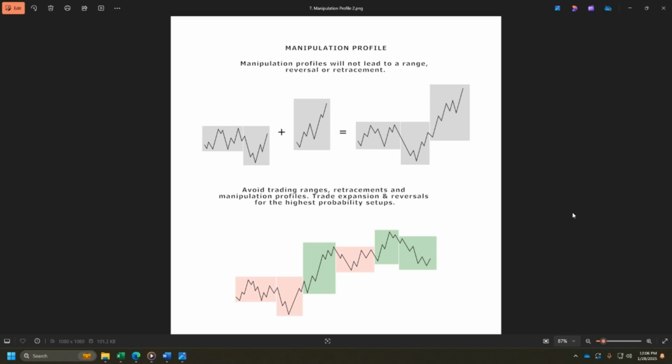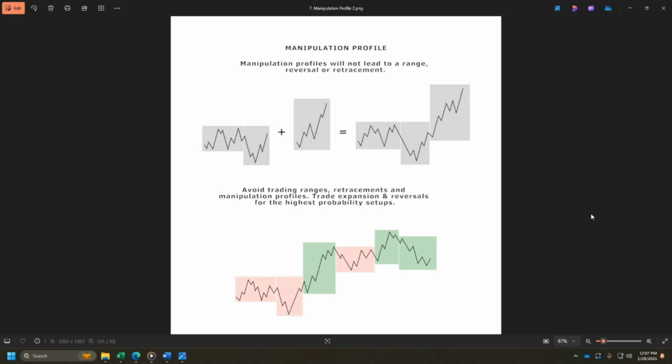So we use a framework of various concepts to keep ourselves aligned with the market and try to take advantage of certain movements or certain conditions. So the manipulation profile is one of those conditions we look out for, so that way we can find a good position to enter.